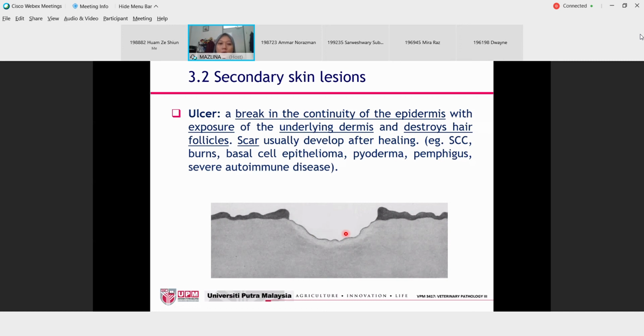So scar will be the aftermath after total healing has taken place. Ulcer is a common finding in cases of squamous cell carcinoma, deeper burns, and then basal cell epithelioma, pyoderma, pemphigus, or even severe autoimmune disease.